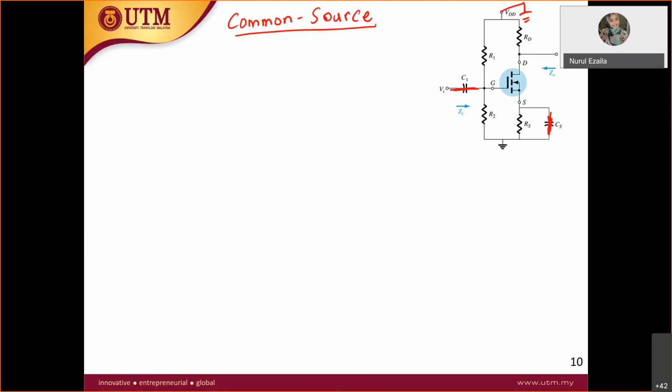So this RS is also shorted. Okay, so let's draw the AC equivalent circuit. The AC equivalent circuit will be like this. So first thing first is to draw the hybrid pi model. You have to do some exercise on it. The hybrid pi model is easy for MOSFET.